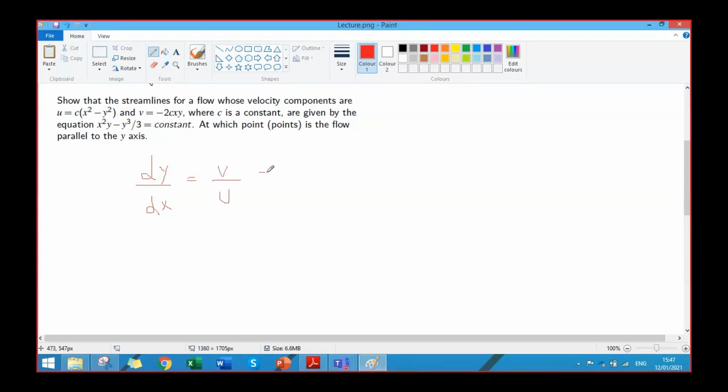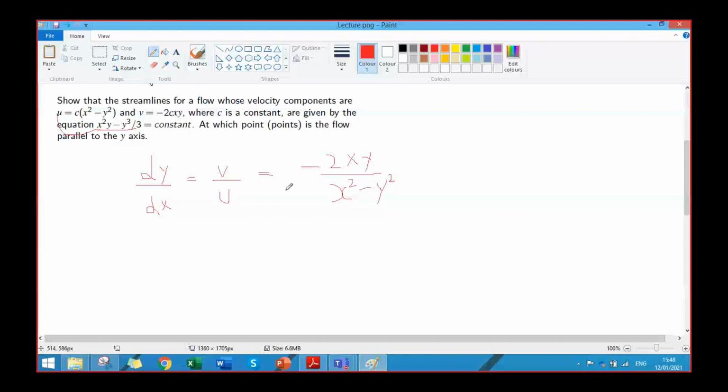If we take v and u, we come to know that it is minus 2xy, c will cancel with c, divided by x square minus y square. This is where we left, right? So this was complete. And now we want to show that this is the equation for this function u and v.